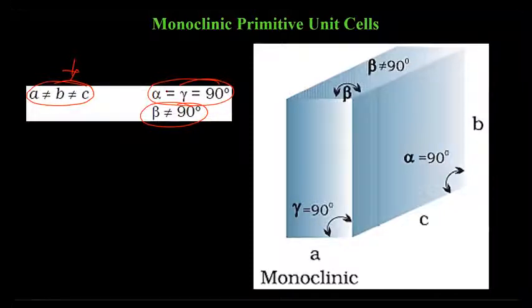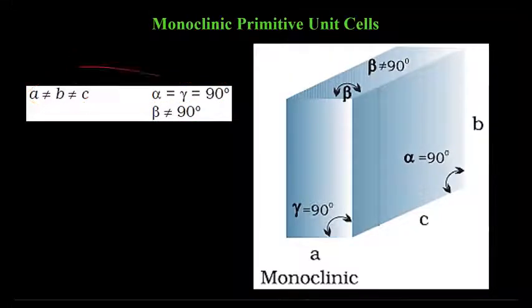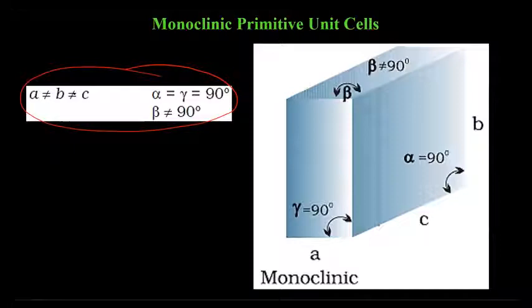Mostly you will be asked to identify on the written values. But sometimes diagrams are also given to identify the type of unit cell. Normally you will get written like this. But if you get a diagram, you will calculate. Here there is nothing written that these are equal. So you will write A not equal to B not equal to C in the diagram.